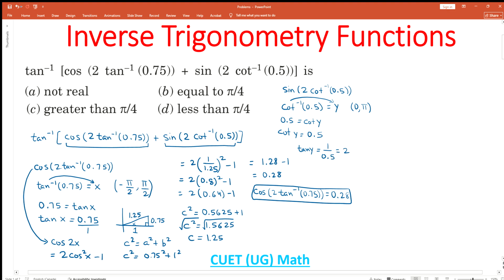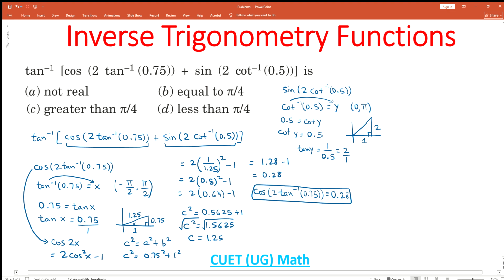We can draw angle y in quadrant 1. It's a right angle triangle. The formula for tan ratio is opposite over adjacent. The denominator of 2 is 1. So the vertical side is 2 units long and the length of the horizontal side is 1.